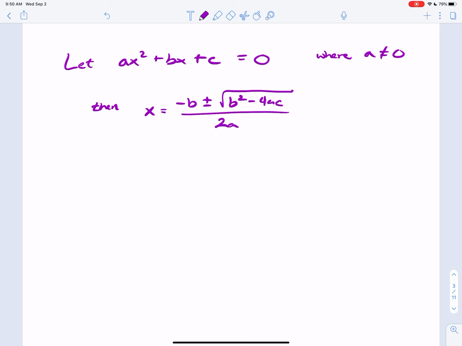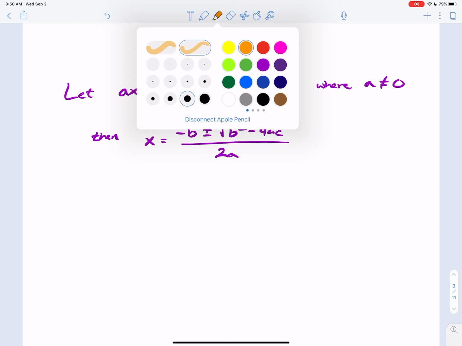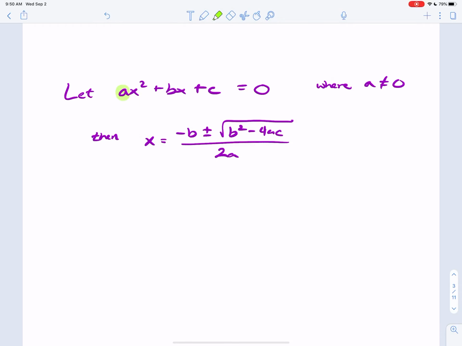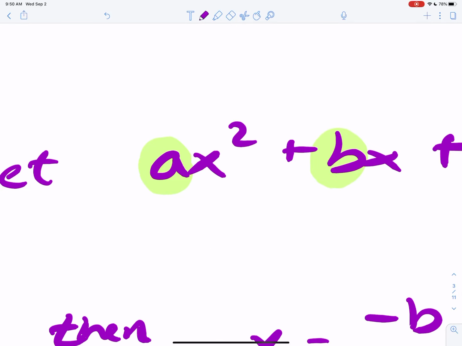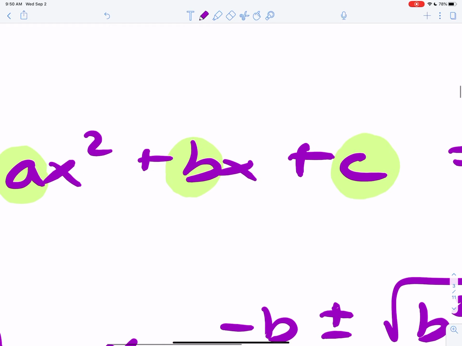So, some things to keep in mind. A, B, and C are just numbers. They call those parameters, okay? The A value is the number in front of the x squared. Whatever is in front of your linear term, your x, is going to be your B value.